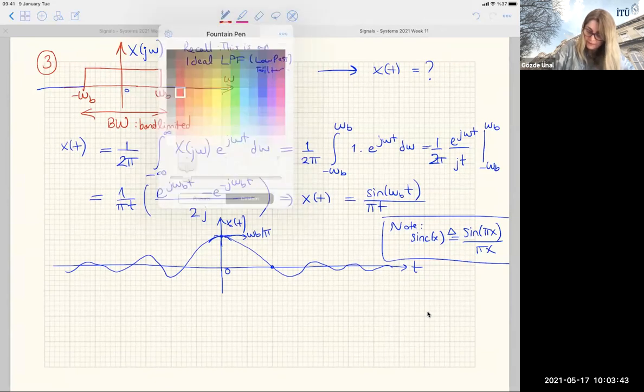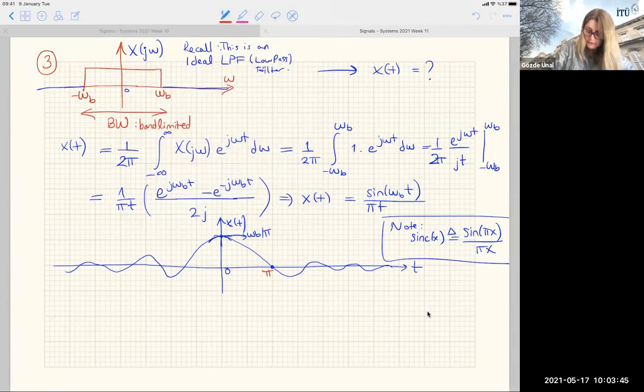You can find the zero crossings, inversely proportional to the bandwidth omega b. 2 pi over omega b, as we expected. You see again the inverse relation, okay? Etc. Minus pi over omega b, pi over omega b, minus 3 pi over omega b, and then it continues in this way.